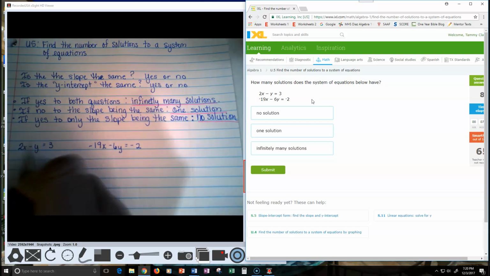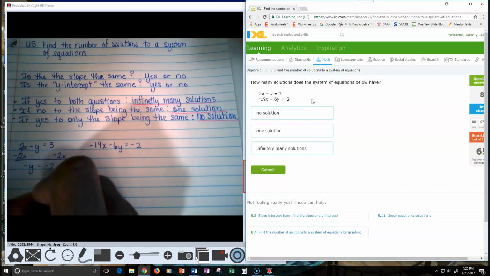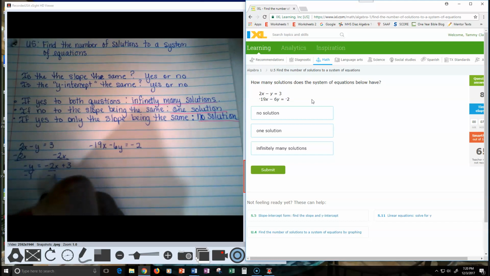Well, we want y alone, so I'm going to subtract 2x from both sides of the equation on this one. And I've got negative y is equal to negative 2x plus 3. I don't want y to be negative, so I'm going to divide every term by negative 1. And that leaves me with y is equal to 2x minus 3.